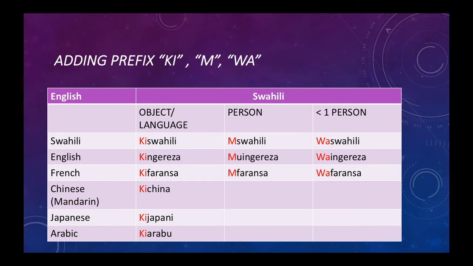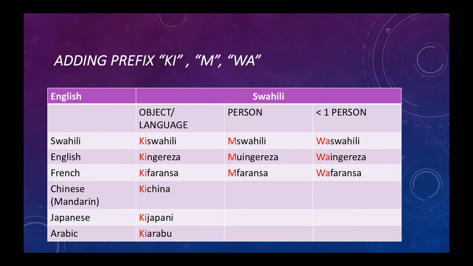Swahili as a language will be called Kiswahili. For a person speaking Swahili, it changes to Mswahili. And more than one person speaks Swahili, it will then be called Waswahili. English, Kiingereza, Mwingereza, and Waingereza.